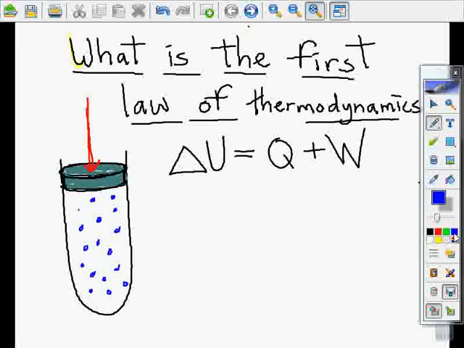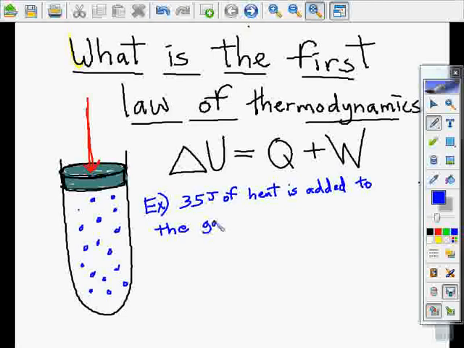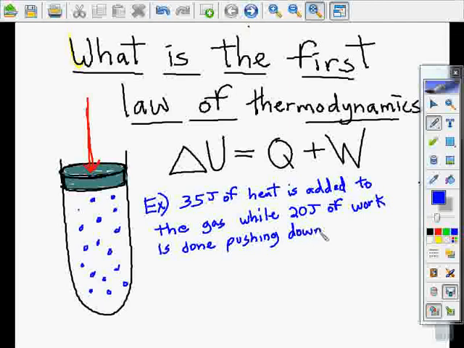Let's look at some easy numbers. Example. Let's say 35 joules of heat is added to the gas while 20 joules of work is done pushing down the piston.